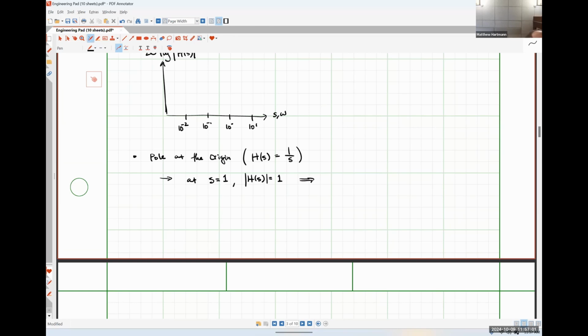So H of s in decibels is just going to be 20 log of the magnitude of H of s. So what's 20 log of 1? You guys have calculators, or you should be able to do this in your head pretty easily. Zero.